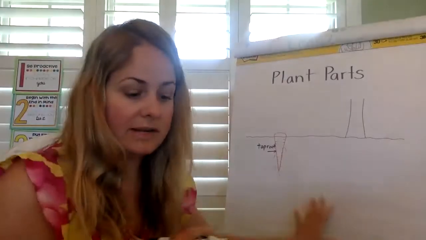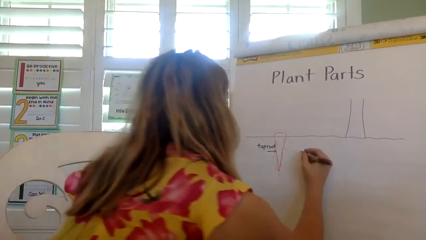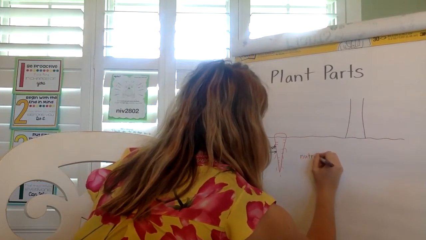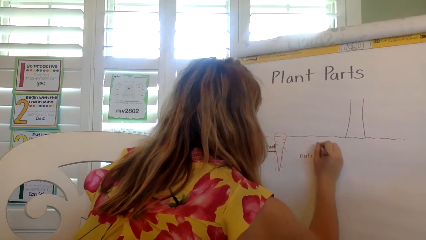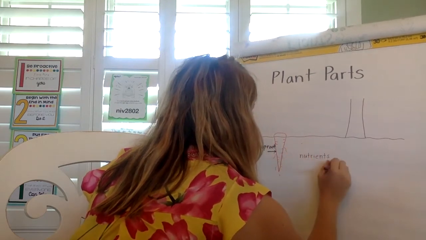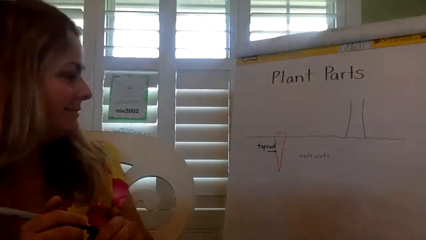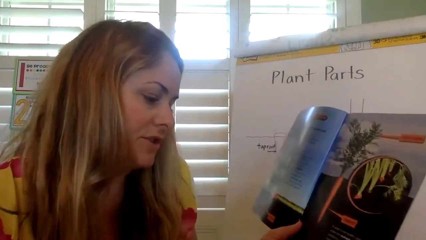So all down here in the dirt area, the soil, is where the nutrients would be. And that is the food for the plant. They labeled them as nitrogen, potassium, and calcium.